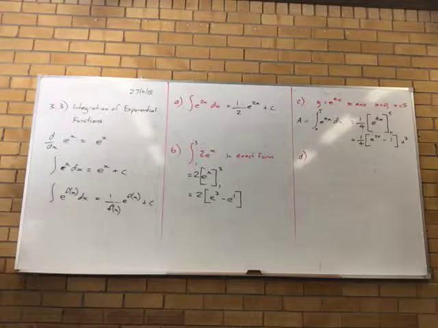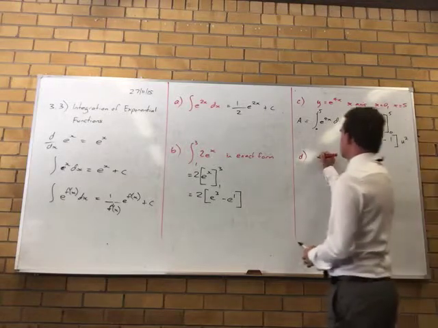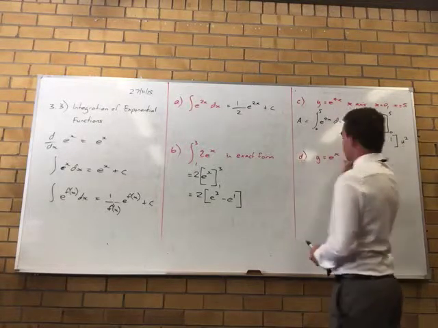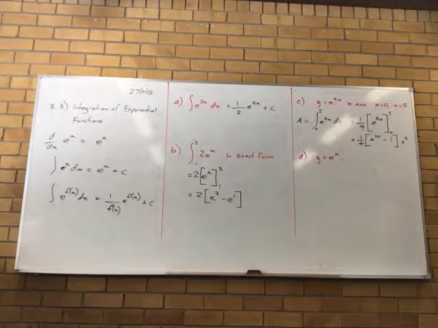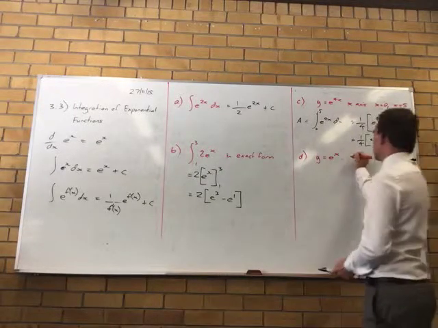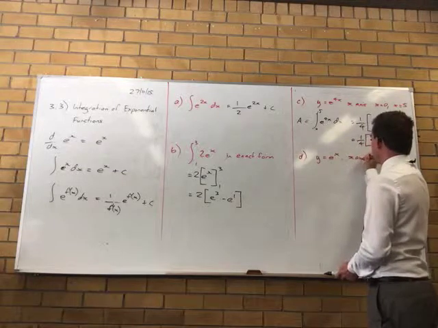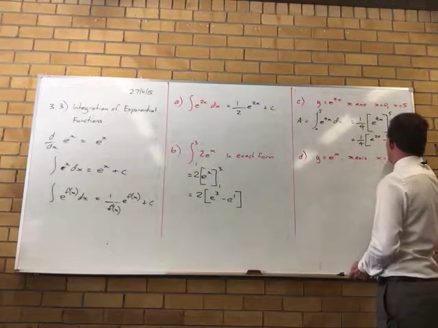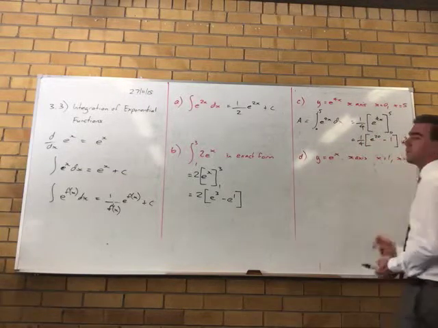Alright, last one, and then you're going to have some time to work. So the volume of revolution formed when the curve y equals e to the x is rotated about the x-axis from x equals 1 and x equals 4.